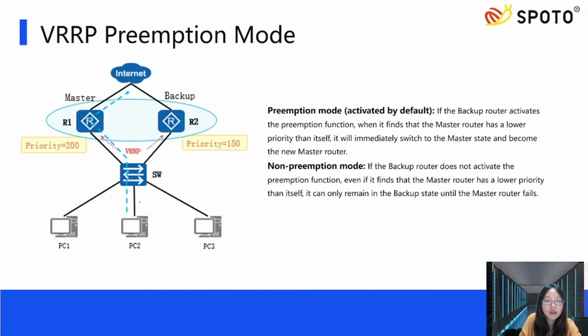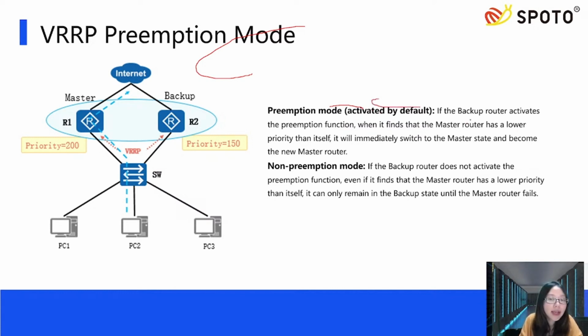So let's see the VRRP preemption mode. You must know this foundation, because the CCIE EI Lab will also test this requirement. The preemption mode is activated by default.